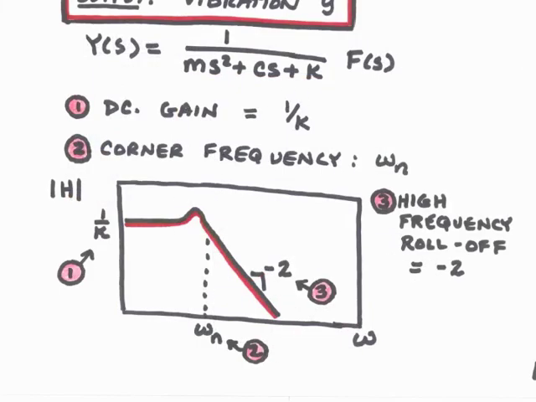The DC gain of the system will be 1 over k. The corner frequency will still be omega n. But now, because we don't have a zero in the transfer function, the high frequency slope will be minus 2. So this is different than what we saw before, where because of the zero, the high frequency slope was minus 1.